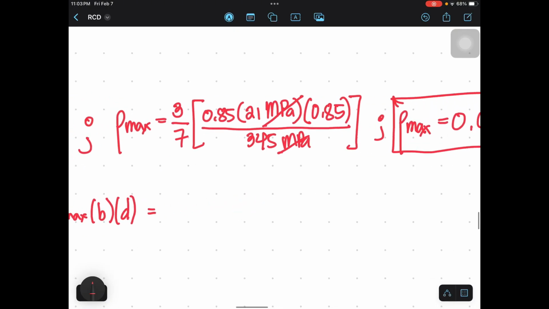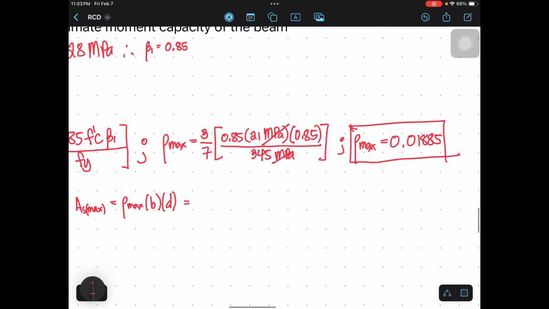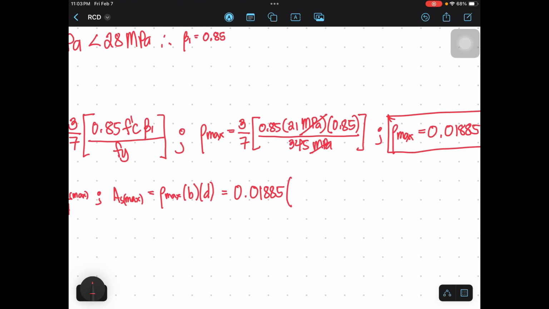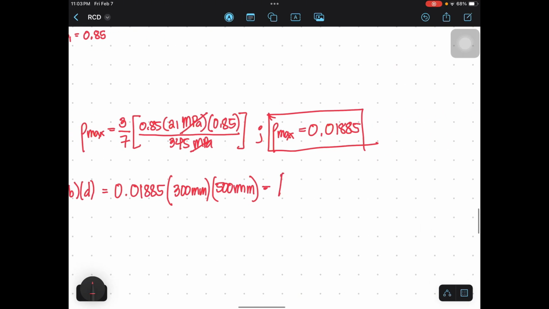Okay, so the value for rho max is 0.01885, multiplied by the base of 300 millimeter, multiplied by the effective depth of 500 millimeter, we have As max of 2827.50 square millimeter.